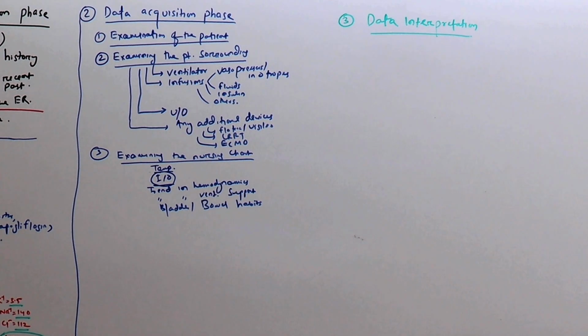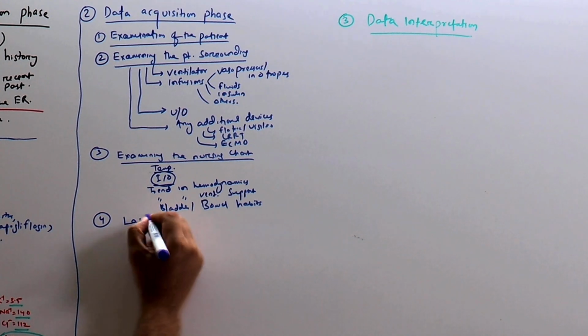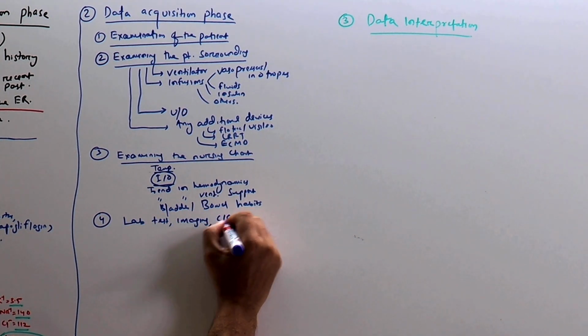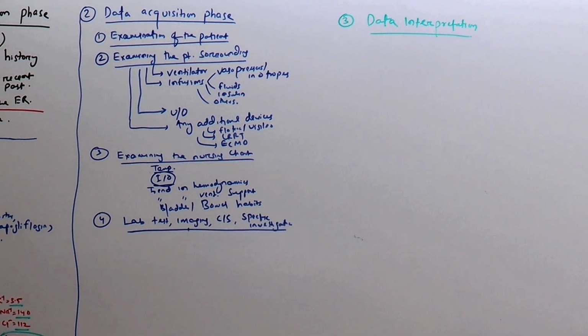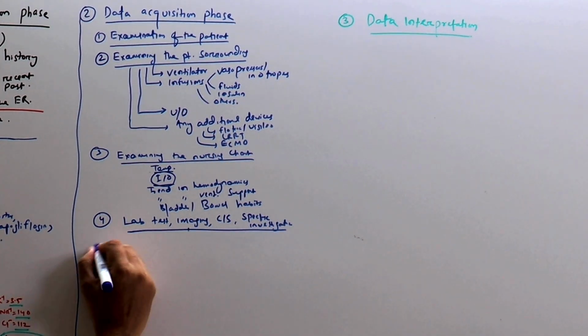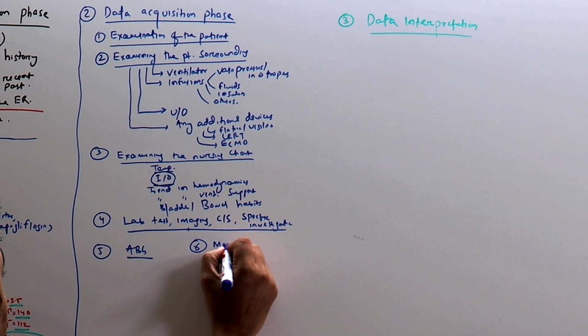These are the things we'll get from the nursing chart. Number four is some lab test, imaging, cultures, or any specific investigation. Number five will be ABG. And number six, medication chart.